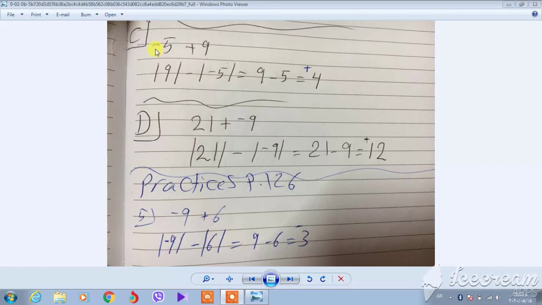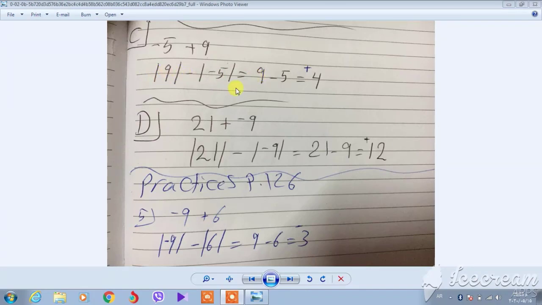Practice C, we have -5 plus +9. Here the greatest number has a positive sign, and the least number has a negative sign. We use the absolute value of the greatest number. We write the absolute value of 9. Change plus to subtract, because we have unlike signs, student. Then the absolute value of -5, because -5 is less than 9.